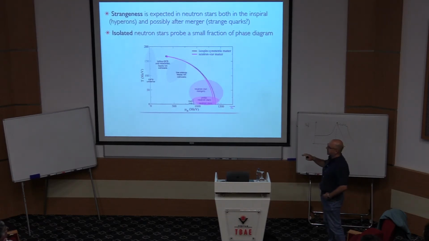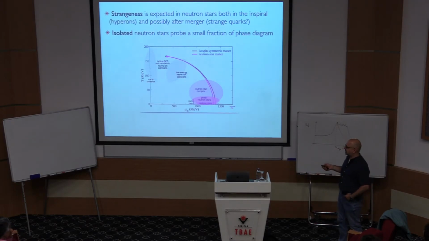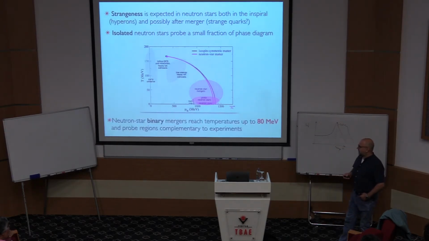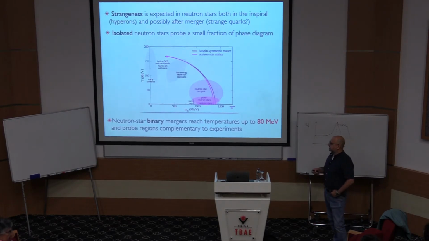So we can probe what happens to matter at temperatures of the order of 50 to 100 MeV and densities of a few thousand MeV. So the idea has been to check whether or not the collision of two neutron stars can lead to a phase transition and the production of strange quark matter.